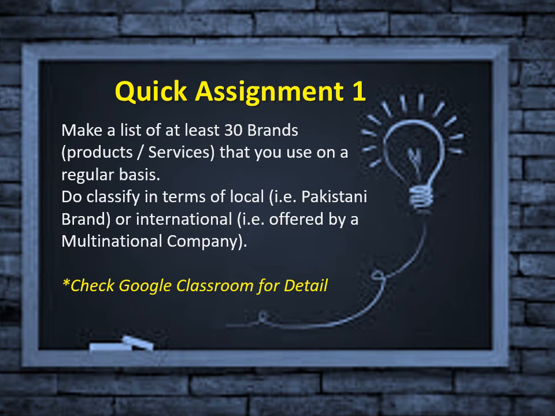And while you list them down, just classify them, whether they are local, domestic brands, domestic businesses, or international brands offered by some multinational company. And check your Google Classroom for more details on this assignment. And remember, doing assignments on time is important and will help you secure better.